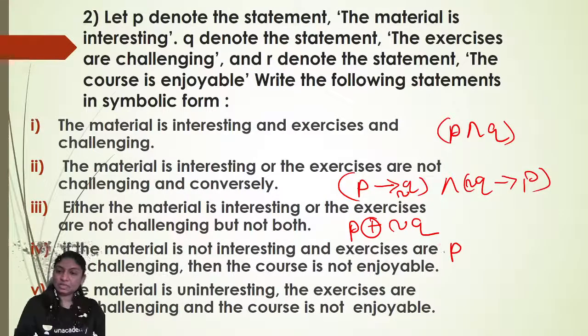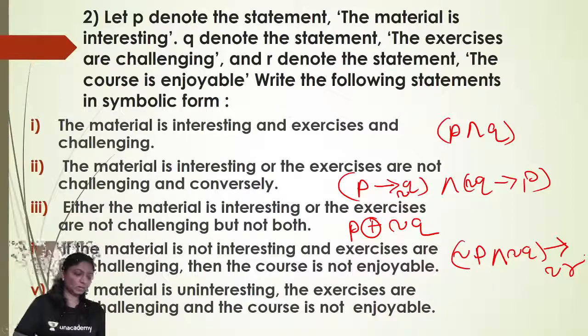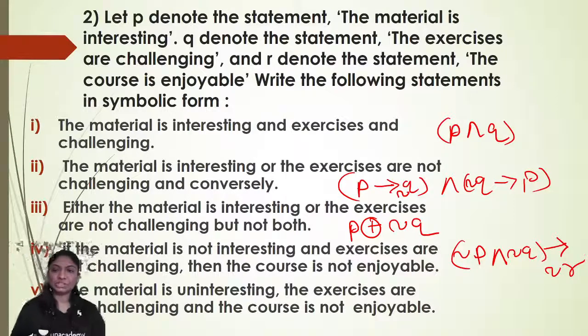If the material is not interesting, here negation of P, and exercises are not challenging, negation of Q. If this, then the course is not enjoyable, so negation of R. Negation of P and negation of Q implies negation of R, where P is the statement, Q is the statement, and R is the statement already given.